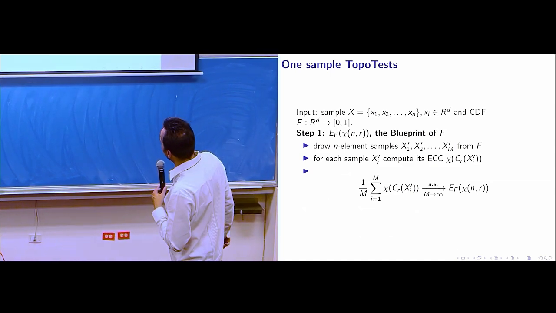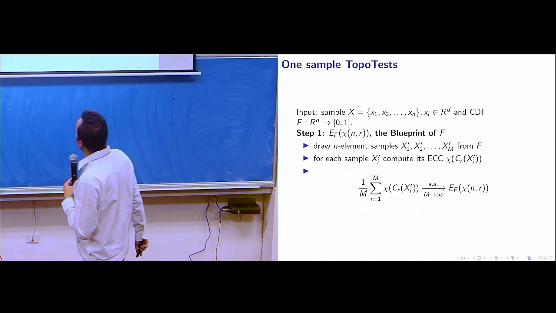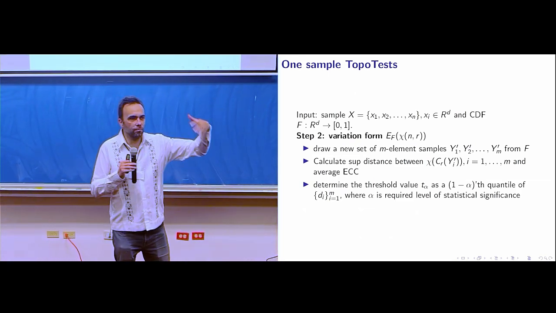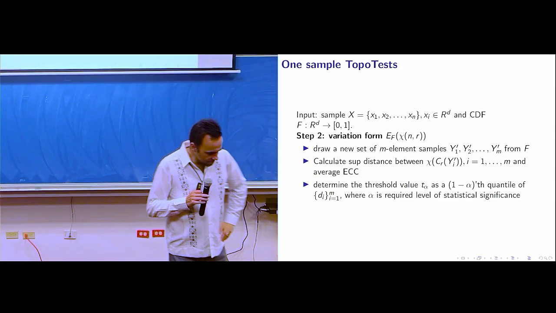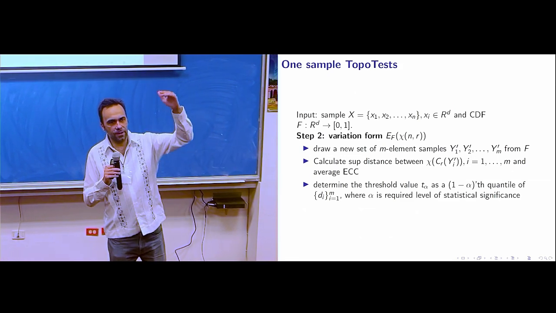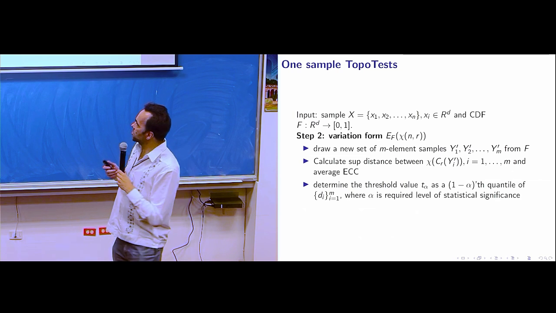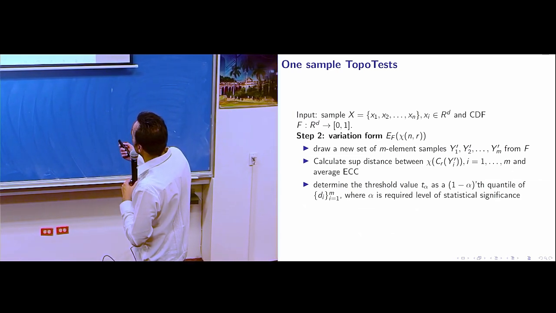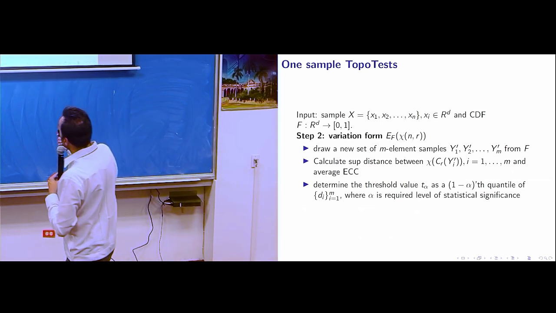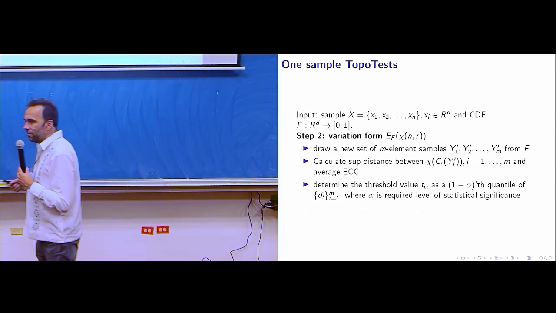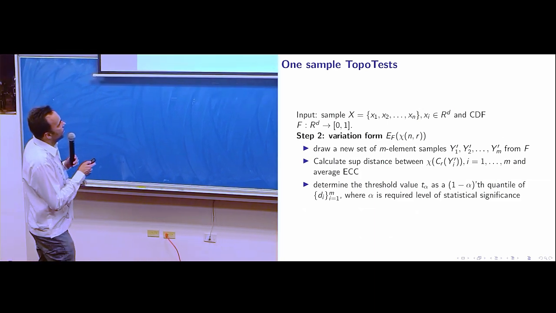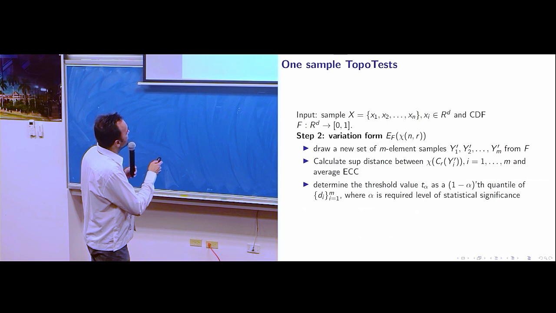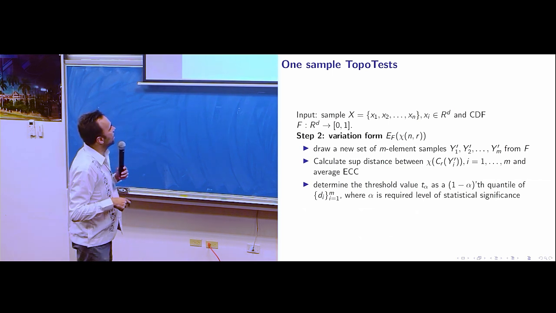So that's step number 1. We know the average behavior. In step number 2, we want to understand the variation. If I sample a few more samples of size n, how far away can they be from the average? That's precisely what we are doing here. For each additional sample of size n, we compute the Euler characteristic curve, and then we compute the L infinity distance between the Euler curves of those samples and the average Euler characteristic curve from the previous step.